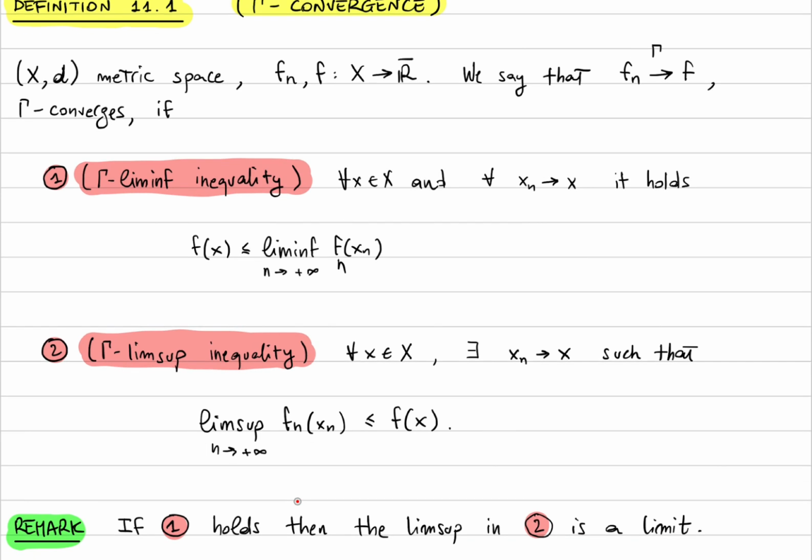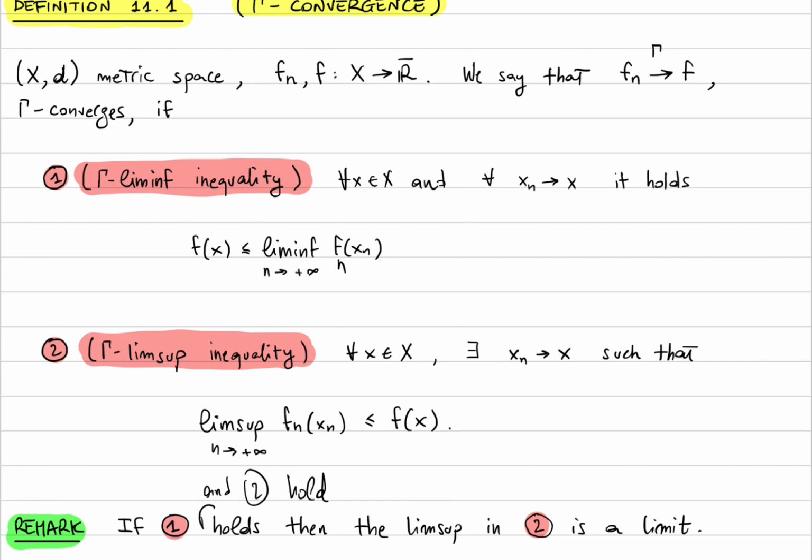A basic remark is that if 1 and 2 hold, then the lim-sup in 2 is actually a limit.